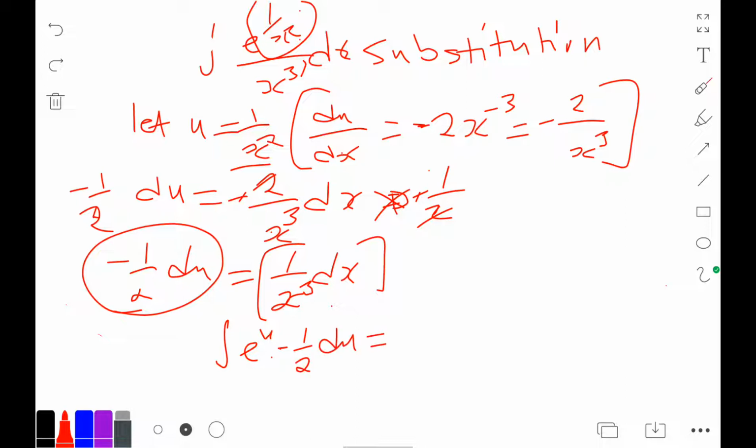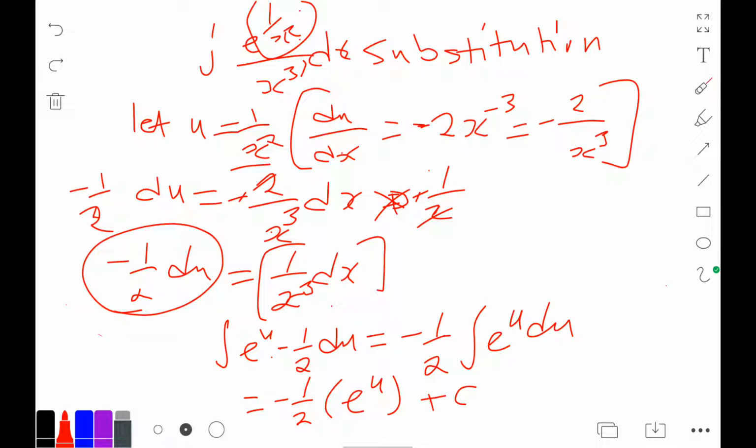When we simplify, this is the same as negative 1 over 2 times the integral of e to the power u du. We know this integral equals negative 1 over 2 in brackets e to the power u, plus a constant.